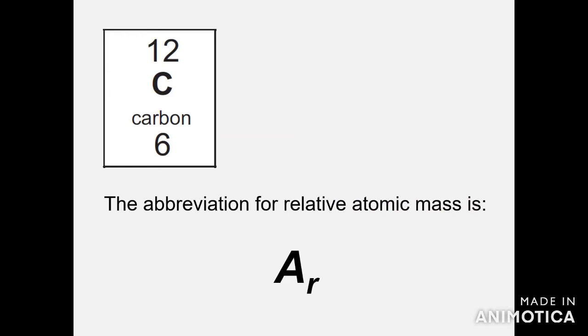First of all, the relative atomic mass. This is the abbreviation for relative atomic mass. If you wish to write that down, fine. Now, have a look at that carefully. The R means relative, and the A stands for the atom, the atomic mass.